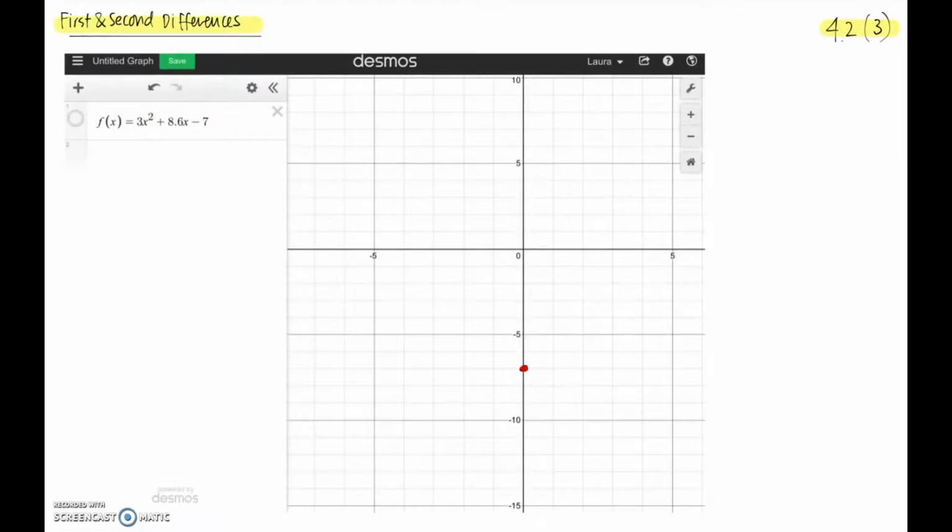And so 8.6, that's a pretty steep slope, and it's a positive slope, so we would expect this function to be going kind of like this at this point. And then this 3, the a term, tells us that we can expect that this parabola is going to be opening up because it's a positive 3. And so this quadratic function, we kind of expect it to look something like this.